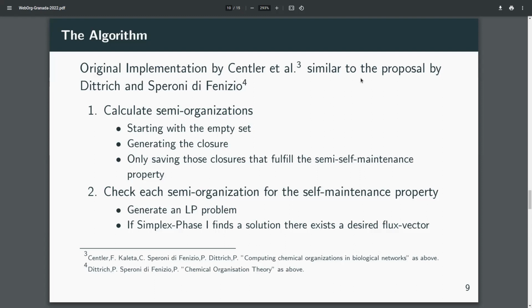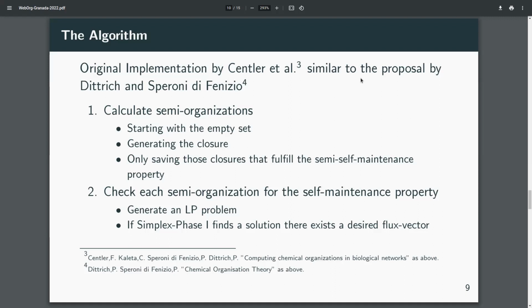And then for each of them, we create a linear programming problem and give it to GLPK.js and check it with a simplex algorithm. The great thing is we don't need to have the simplex algorithm run to its end.